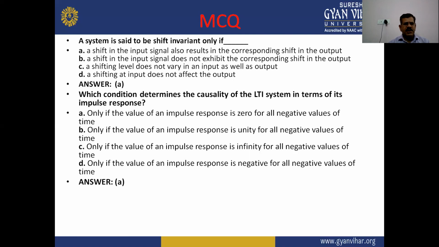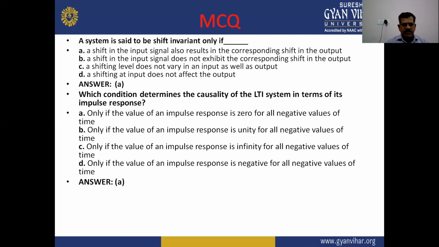Option C, a shifting level does not vary in an input as well as output. Option D, a shift at the input does not affect the output. So here the correct option is A, a system is said to be shift invariant if a shift in the input signal also results in the corresponding shift in the output.